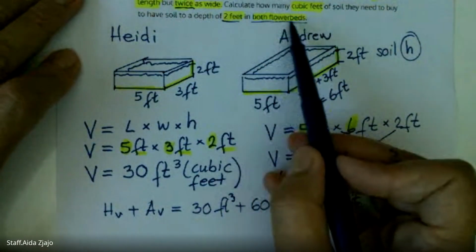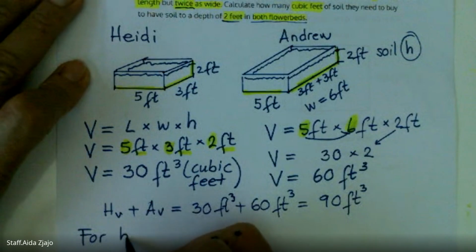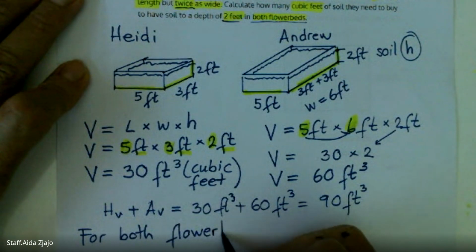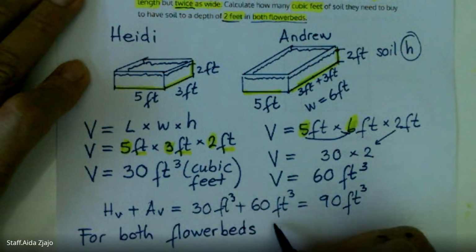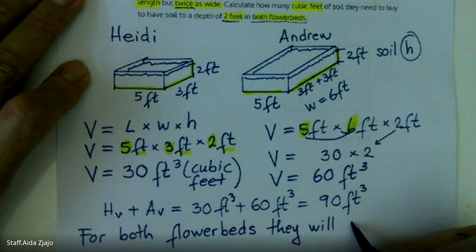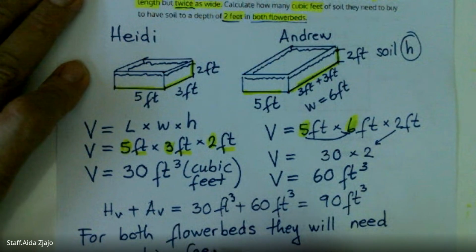So for both flower beds, they will need 90 cubic feet of soil.